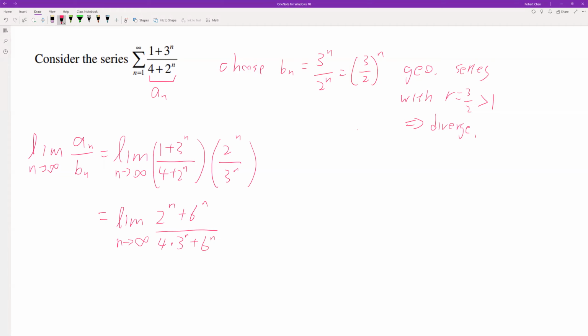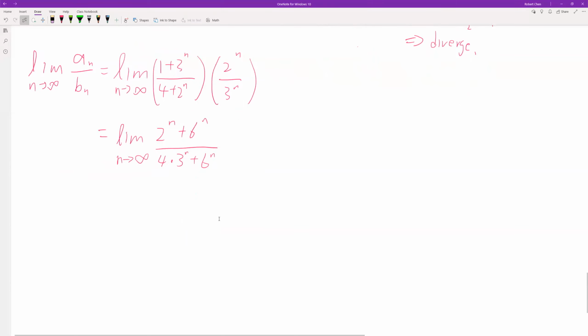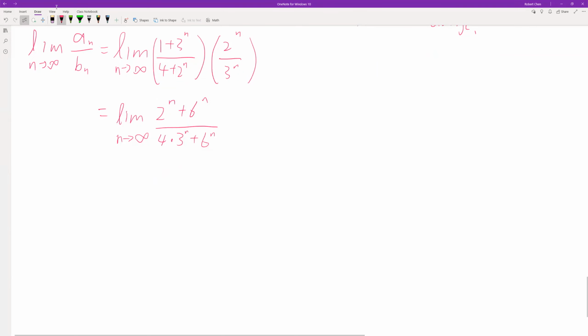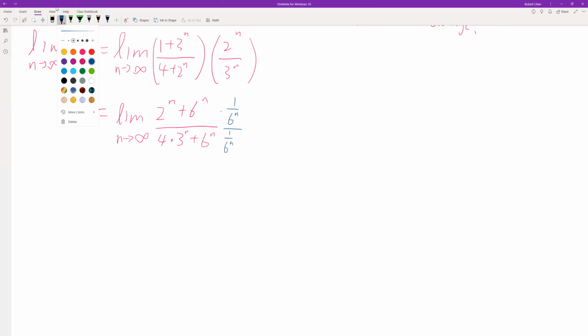We're going to apply the similar technique, multiplying the numerator and denominator by the reciprocal of the largest term. In this case, the largest term is 6 to the n, because that's the one that grows the fastest. Of course, we are going to distribute that.